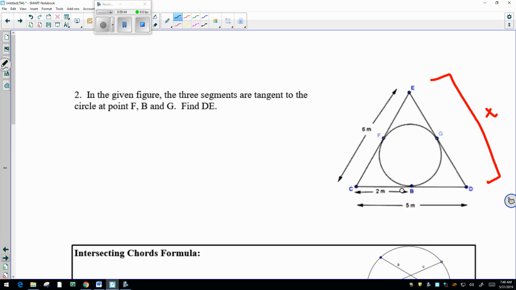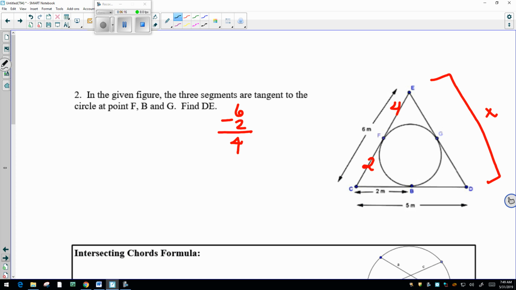CV is tangent to the circle at point B. I also know that CV and CF have to be congruent because these are those common tangents from that exterior point. So if this length for CV is 2, then CF is 2. They've told me all of EC is 6. So if I know that whole thing is 6, I found that little part of 2, I'm left over with 4.